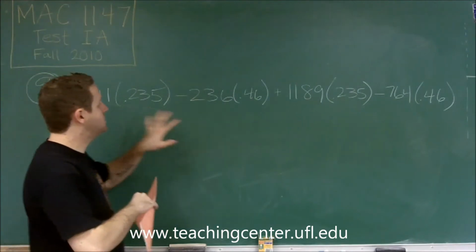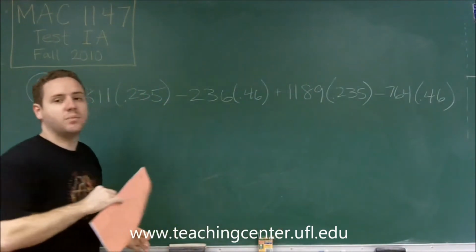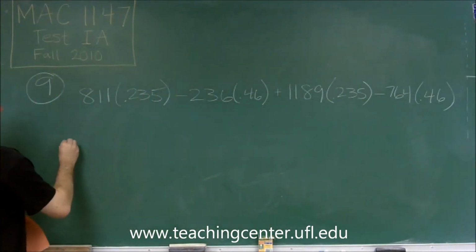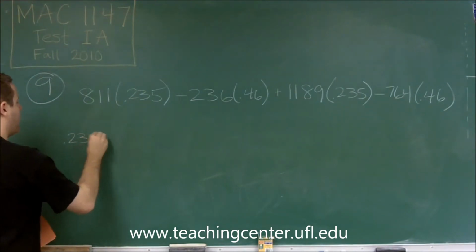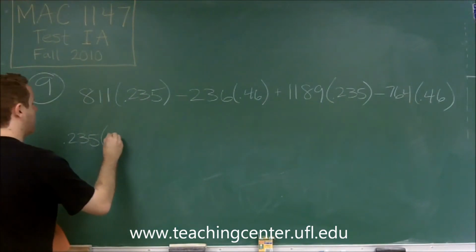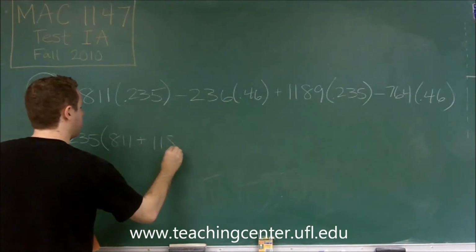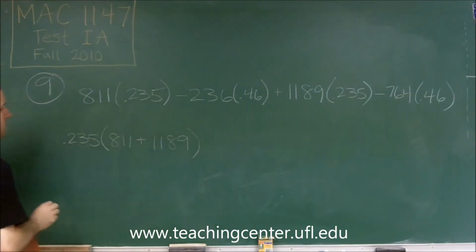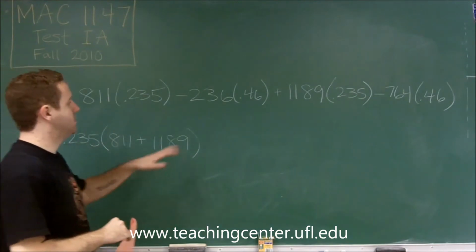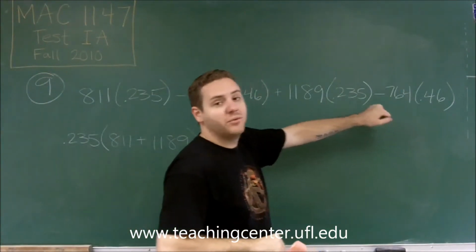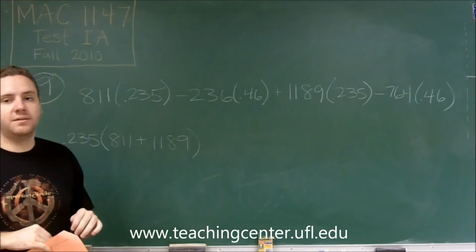So out of these two, we can factor out a 0.235. What do we have left? We have 811 here plus 1189 there. Out of these two, we have a 0.46 in common, and they're both negative.